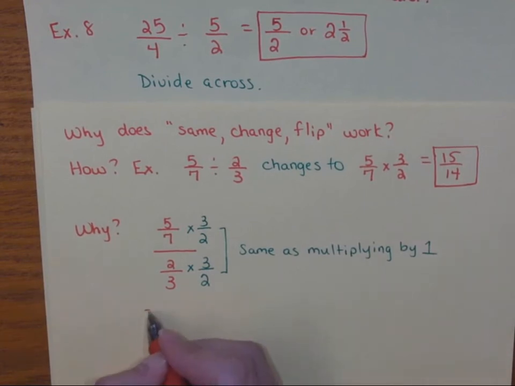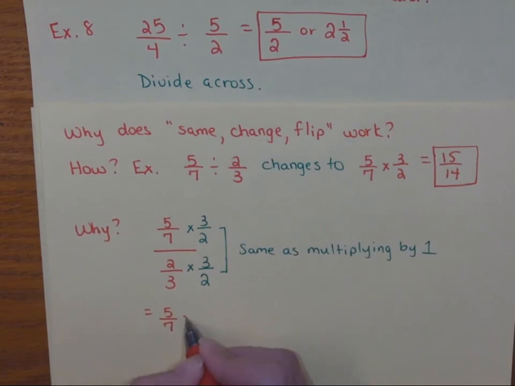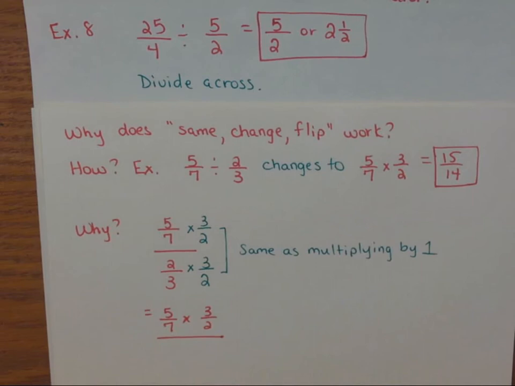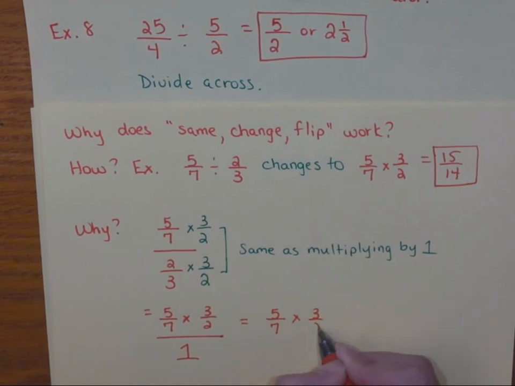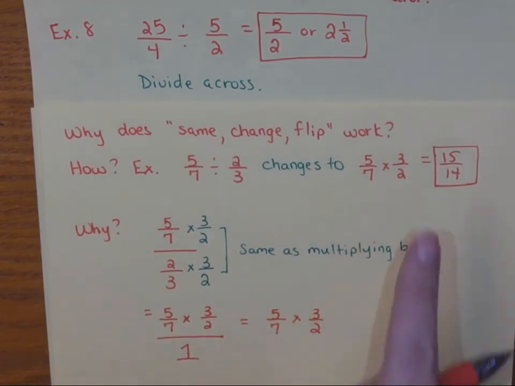So let's talk about what that gives us. Now if we multiply top times top, we'll get 5/7 times 3/2, right? But if we multiply bottom times bottom, we'll get 6 over 6 or 1. So notice in the end, we end up with 5/7 times 3/2, which is the very thing we changed it to. So I want to be clear what I'm showing here.